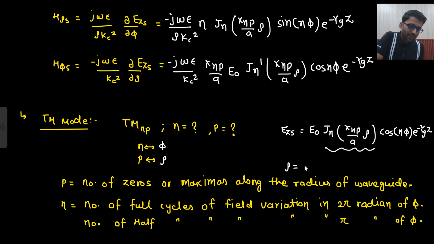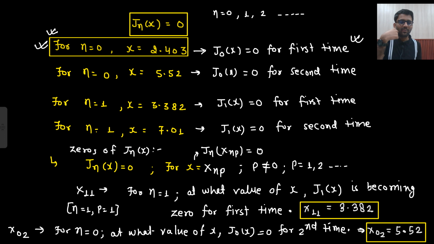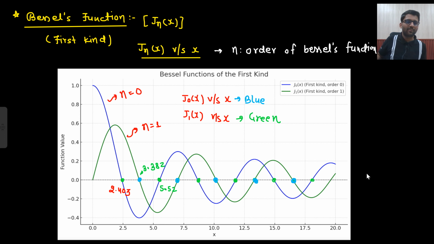So at rho equals a, what will this part become? It will become Jn x'np, right? Let's get back to our Bessel functions. This was the graph of our Bessel functions.